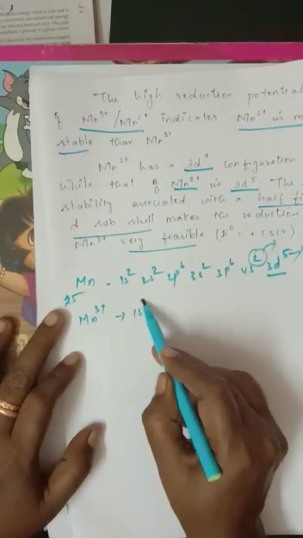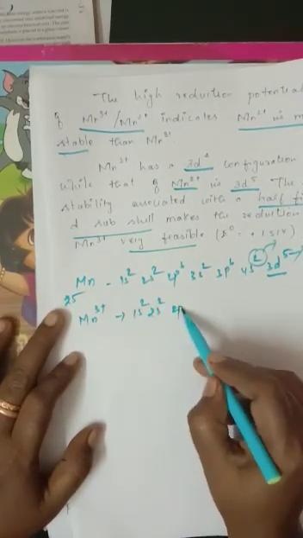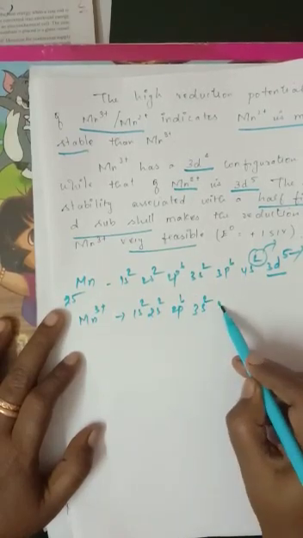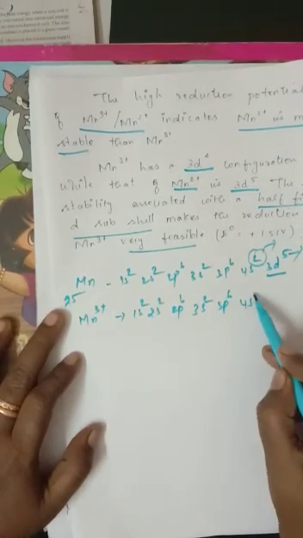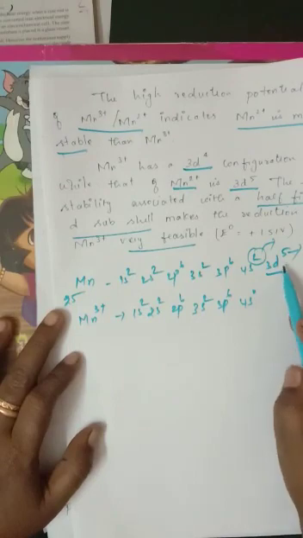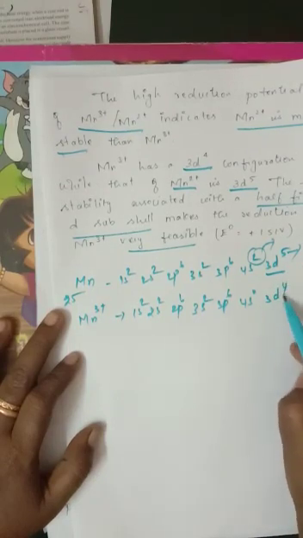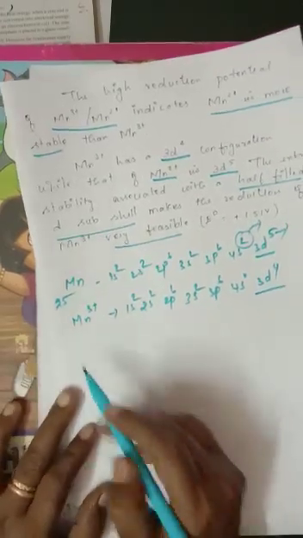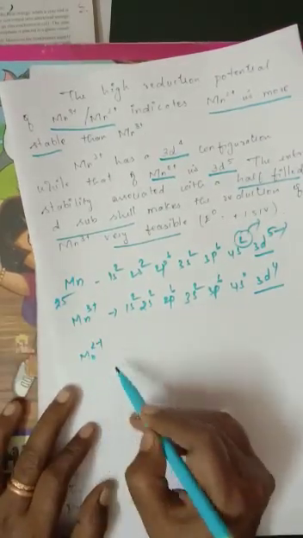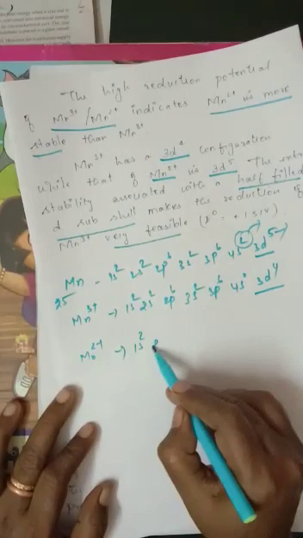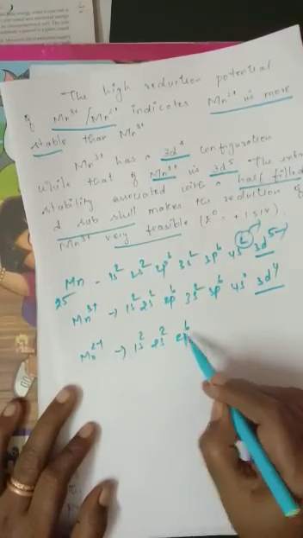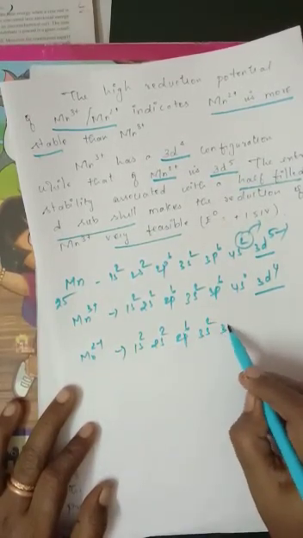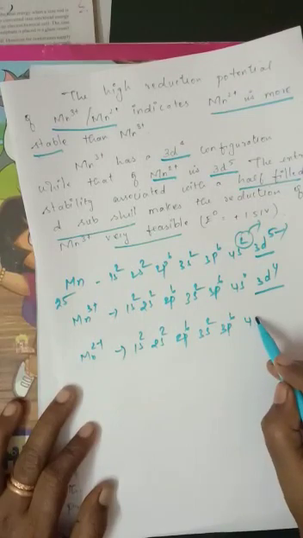Now the configuration should be 1s2, 2s2, 2p6, 3s2, 3p6 and 4s0. 2 electrons are donated and 1 more electron is donated from d. So 3d4 configuration, right? Next we see Mn2+ also: 1s2, 2s2, 2p6, 3s2, 3p6 and 4s0.